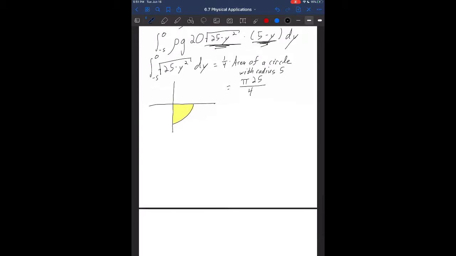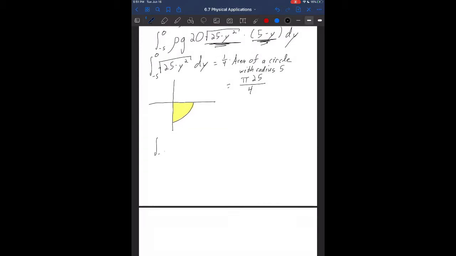The other part of our integral is we'll also have the integral of negative 5 to 0 of the square root of 25 minus y squared times y. Again, I'm just leaving out the constants. We can add them back in after we've taken all of these integrals. You can always pull constants out when you're dealing with integrals, and then put them in later.